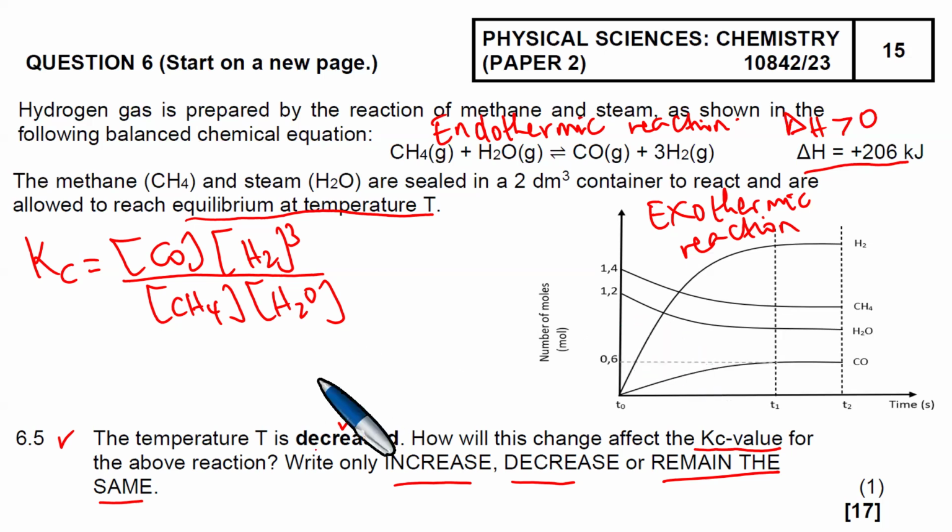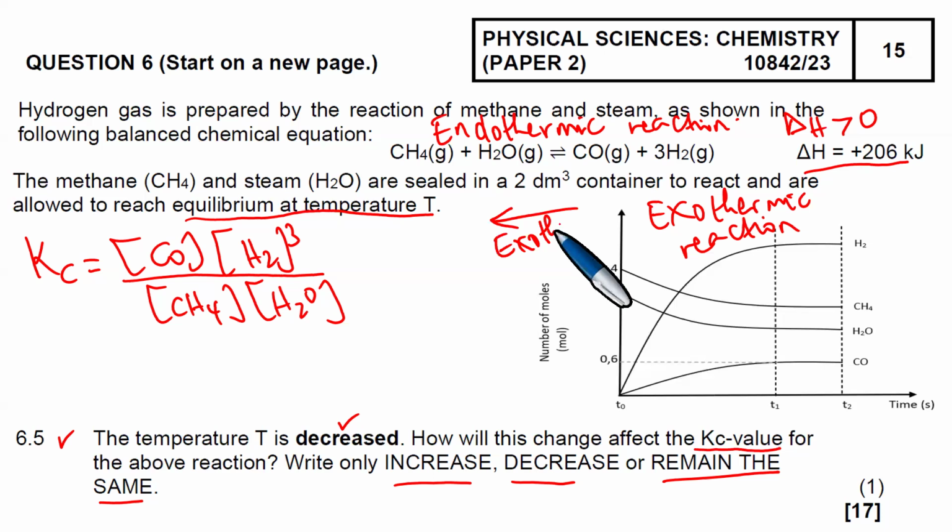It means that if the temperature is decreased, because the forward reaction is favored by an increase in temperature, and the forward reaction is endothermic, then the reverse reaction is going to be exothermic.